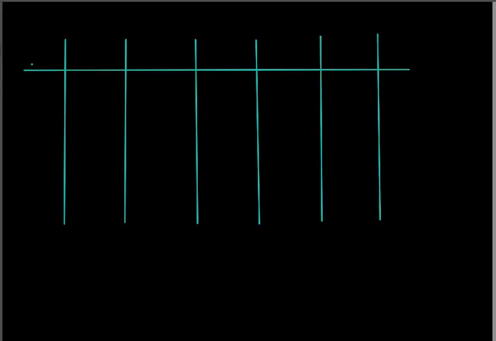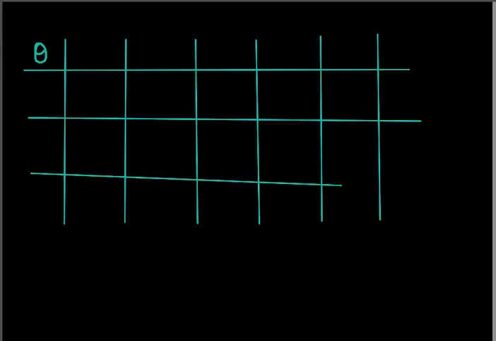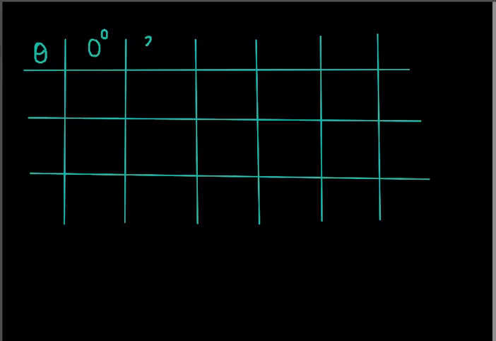When we do this, and this is my theta, I'm going to look at sine, cosine, and tangent. We're going to add a couple of angles. Now I'm going to start at 0 degrees, then 30, then 45, then 60, but then I'm going to keep going to 90.